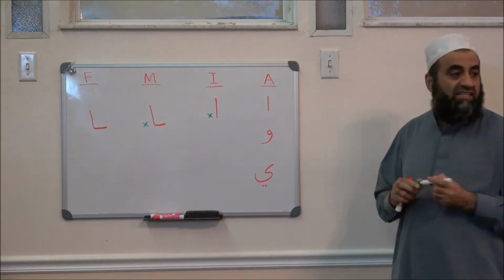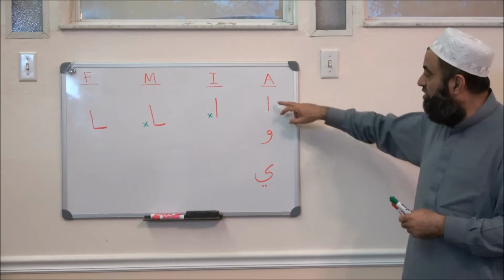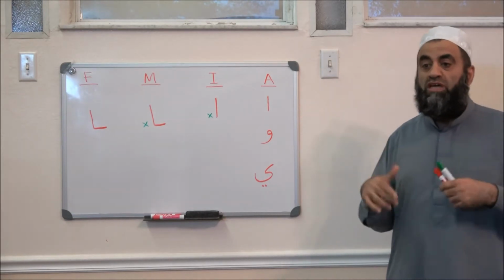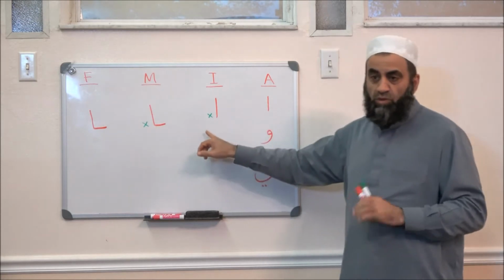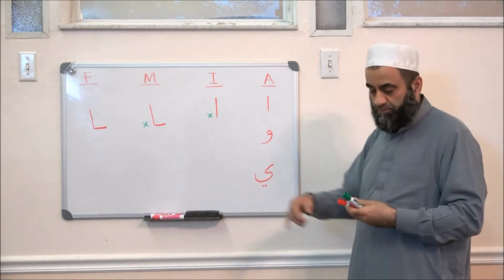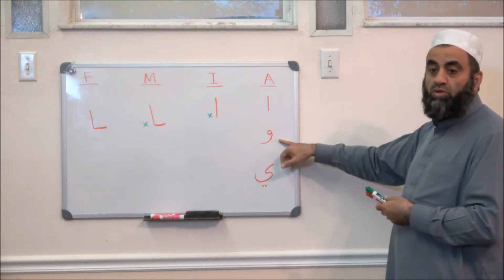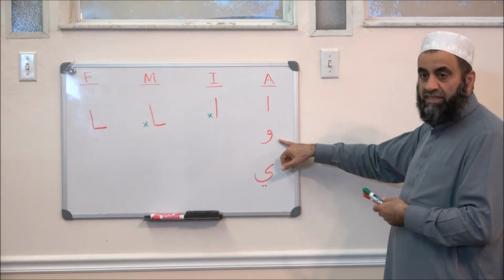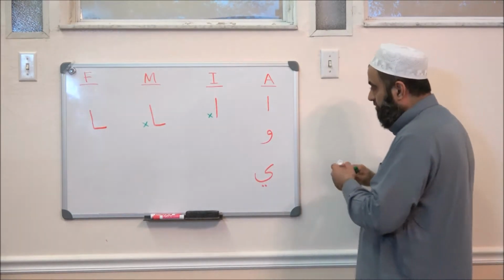See that green X? It was supposed to be a connection wire. But because this letter is one of the 6 that do not permit connection from the left, that's why I'm just putting the X. We don't put anything when we write. I'm just trying to illustrate it. Okay, the wow, the ooh, the sound ooh, the long vowel ooh, is the same case. It does not permit connection from the left side.